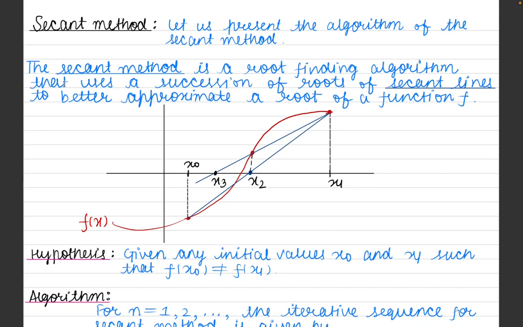In this way we will get our next iterations, and this is precisely the algorithm. So maybe we can derive the method. From where does this equation come? So let's see the derivation.